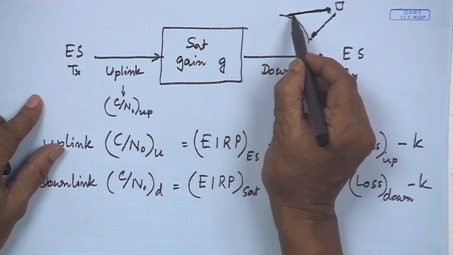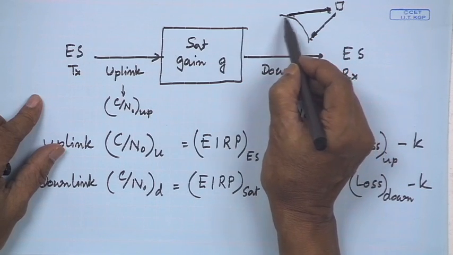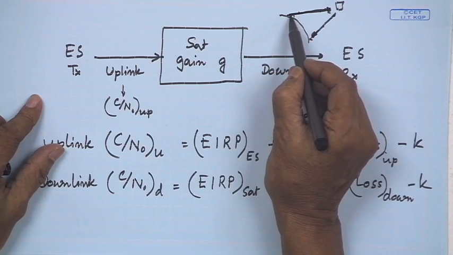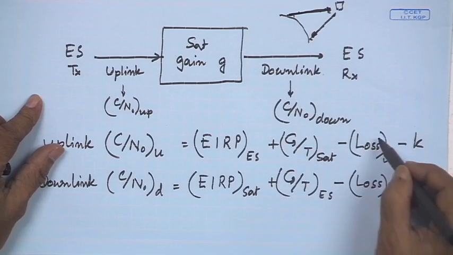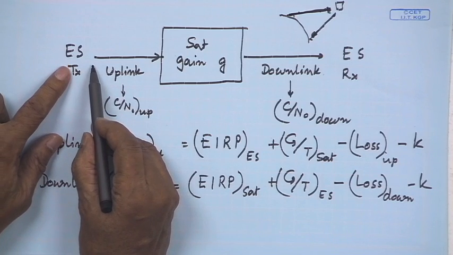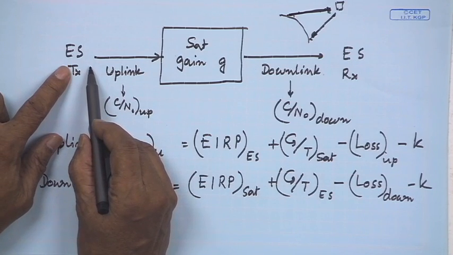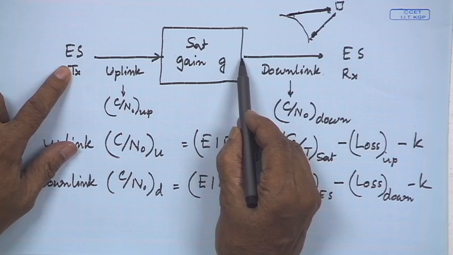Even if the earth stations are co-located, side by side, there will still be a difference, because the distance may be the same, but if the uplink and downlink frequencies are different, the losses will be different, remember. Similarly, the earth station antenna diameter and transmitted power are different from the satellite transmit power and antenna.